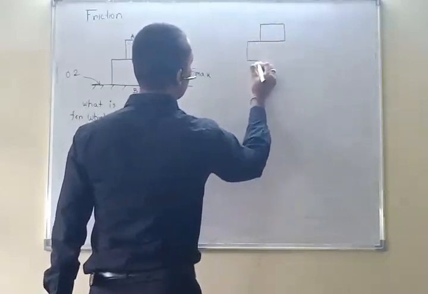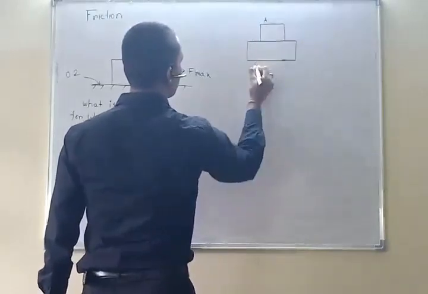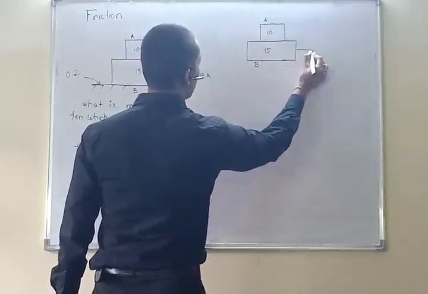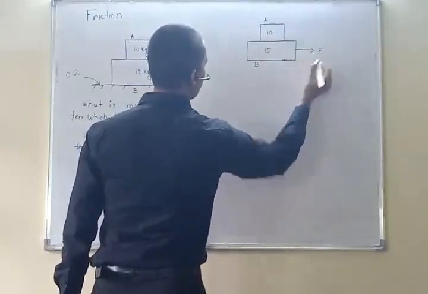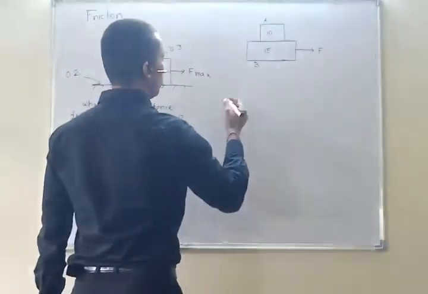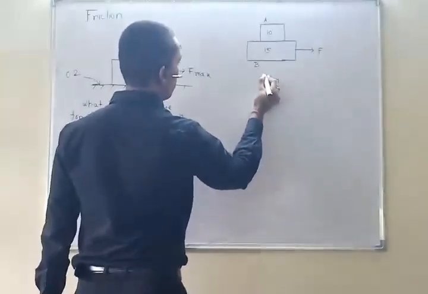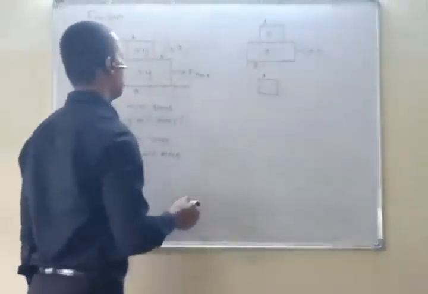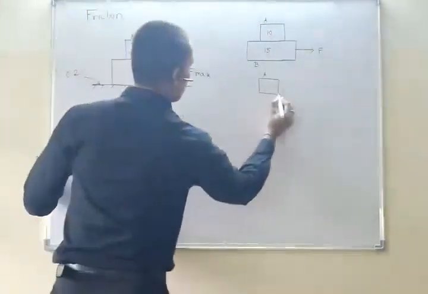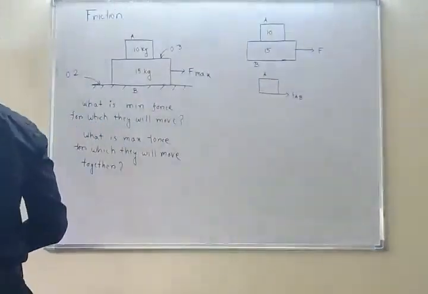Here are the two blocks, A and B. This is 10 and 15. This is pulled with the value of F. First of all, let us find the horizontal force given on A by B, F A by B. What should be the value of it?